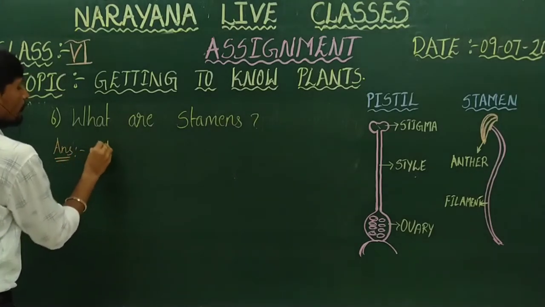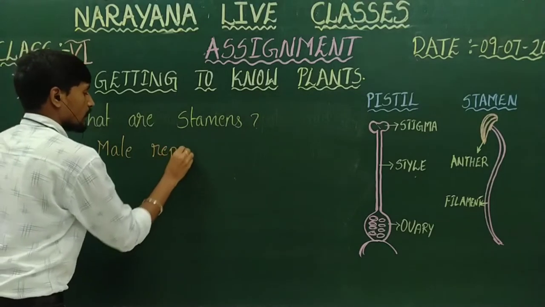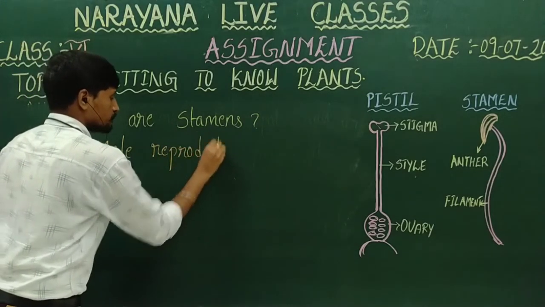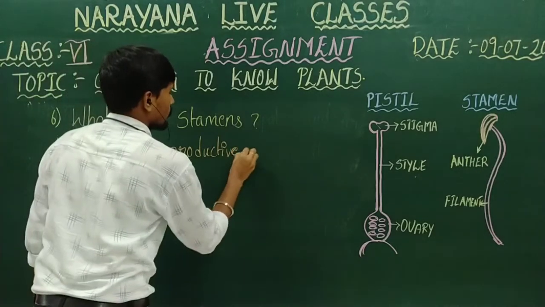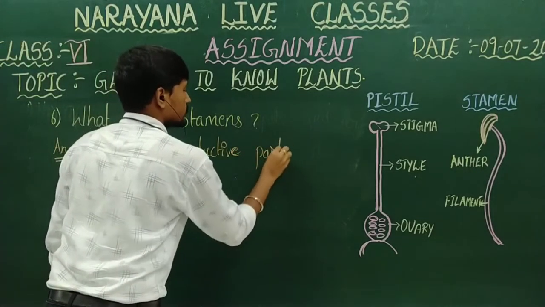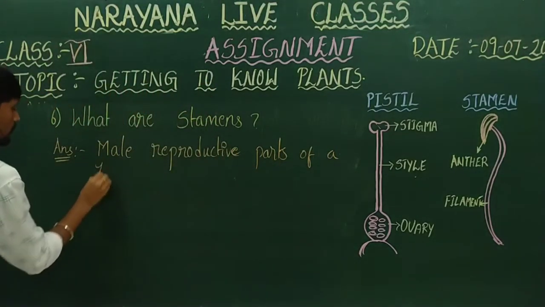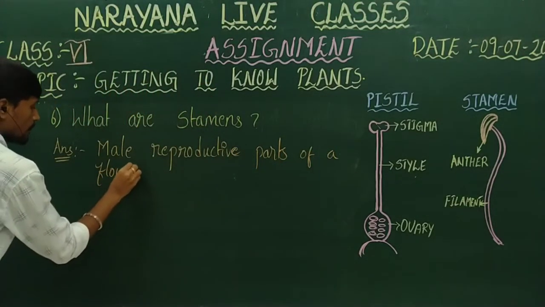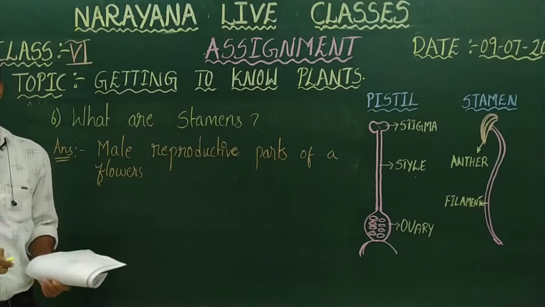Stamens are male reproductive parts of a flower.